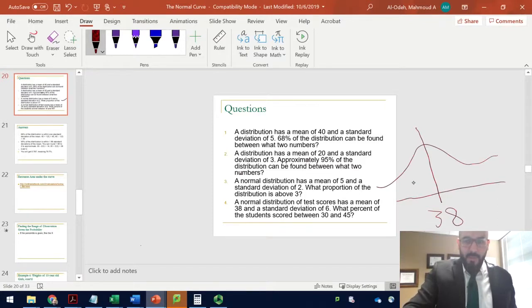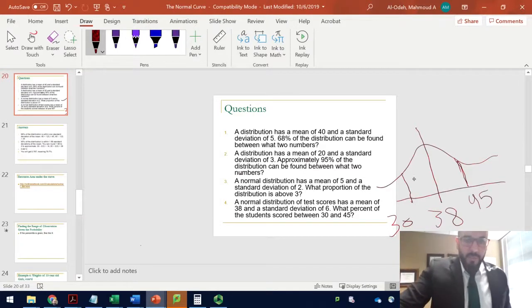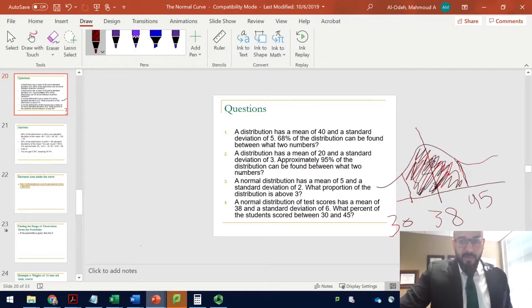We know the 30 would come before the 38, so this is the 30. 45 would come after the 38, so this is 45. What we're trying to do is to know what would be this area right here.